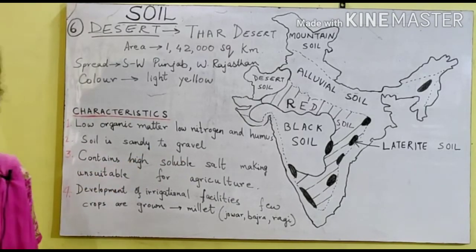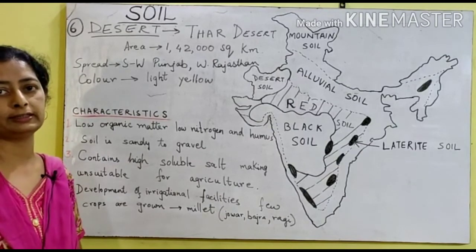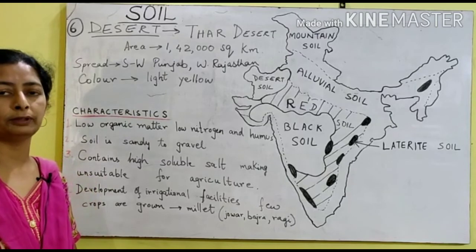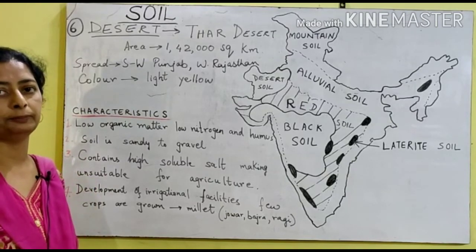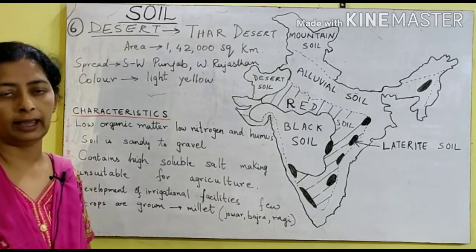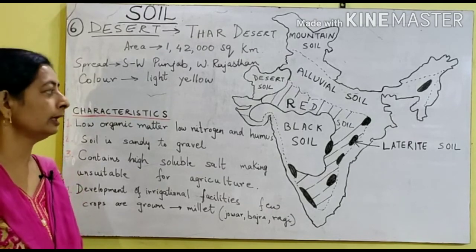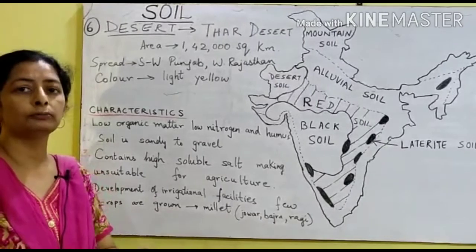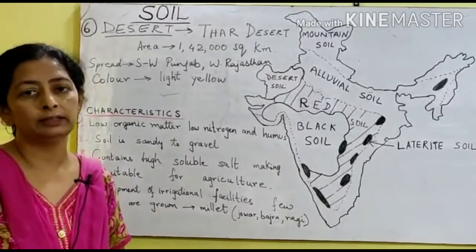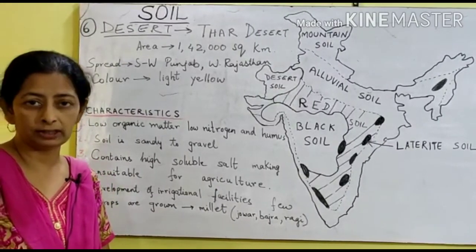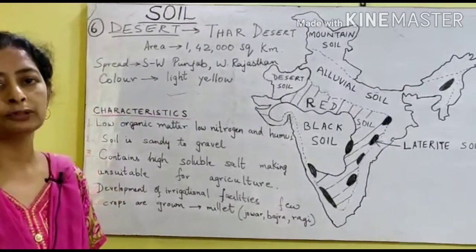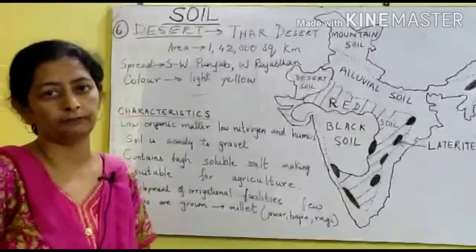But with the help of irrigation facilities, for example the Indira Gandhi Canal, which has been developed in those areas, people are helped to enhance agriculture in those regions. But the type of crops grown in this region is also suitable to the climate. That is, these are areas where the temperature is high and the rainfall is low, mostly below 50 centimeters.